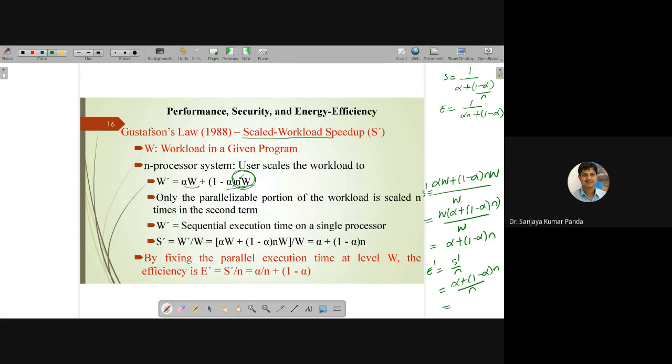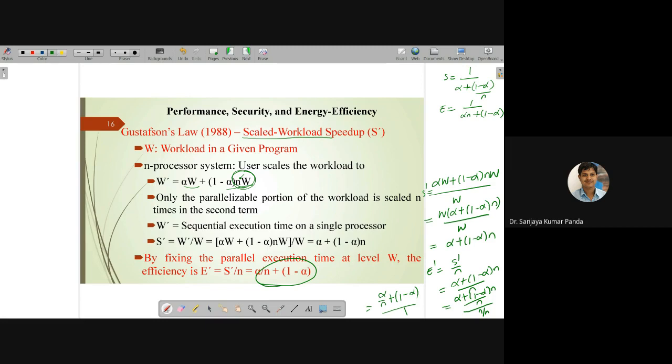If I divide it by n, then alpha plus 1 minus alpha n divided by n, and n divided by n. So how much will you get here? It is alpha divided by n plus 1 minus alpha. So by fixing the parallel execution time at level W, you can calculate the efficiency like this.